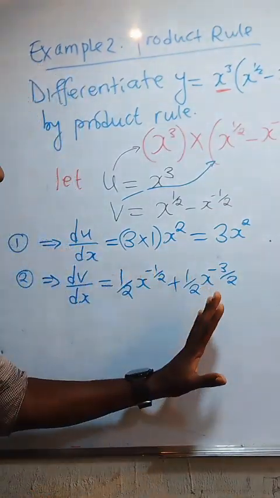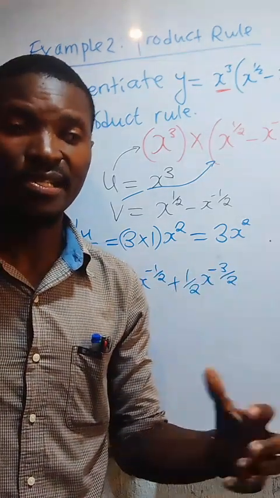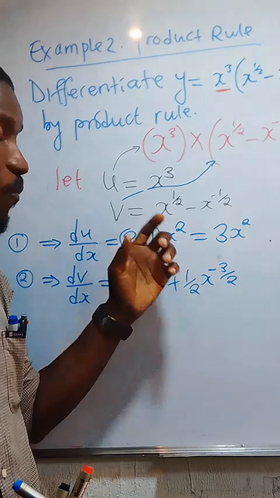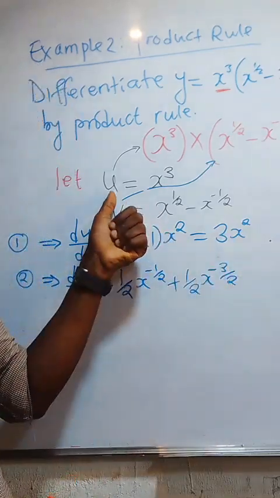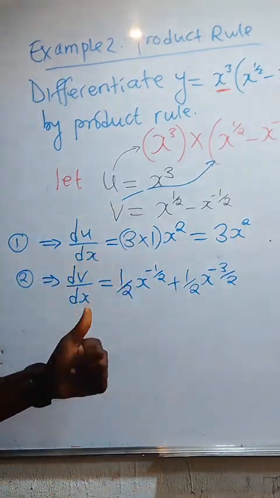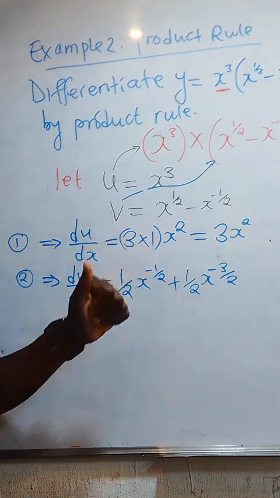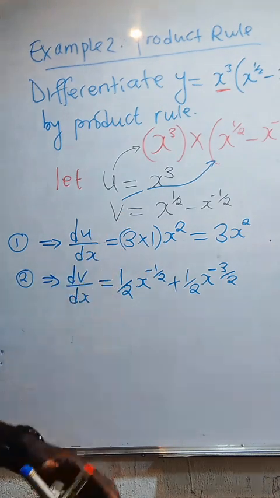Now, once you have this, the final stage is to find the product, okay, of u multiplied by dv, and then also plus this v multiplied by du dx. Okay.